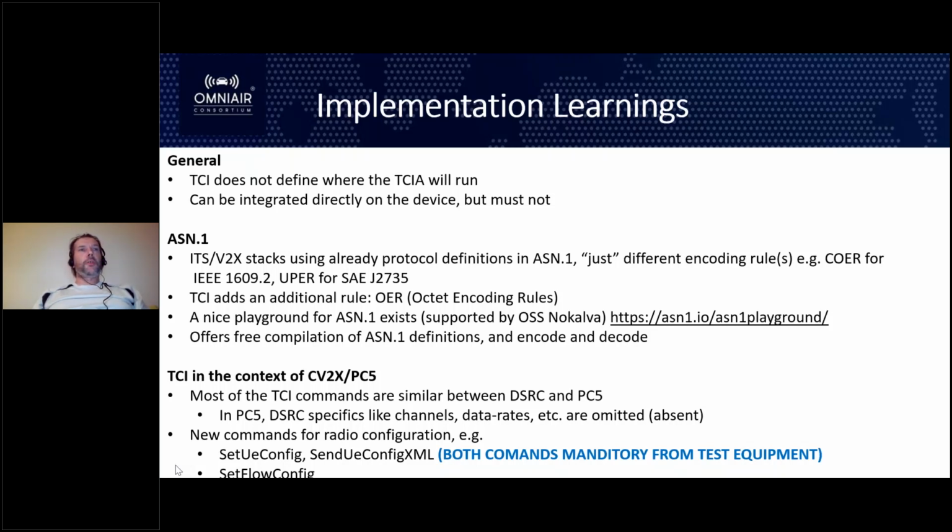Another question which always arises is regarding ASN.1. Why do we have ASN.1 for the TCI protocol? In fact, for the ITS V2X stacks you are already using protocol definitions in ASN.1. For 1609.2, for example, you're using encoding rules like COER, or UPER for SAE J2735. And now with TCI, you have just another encoding rule.